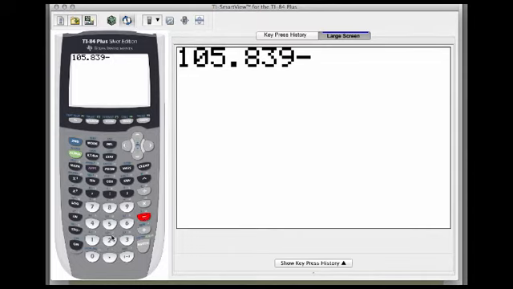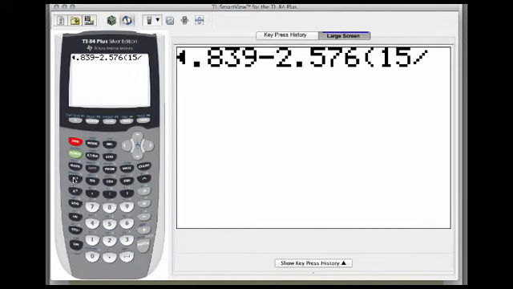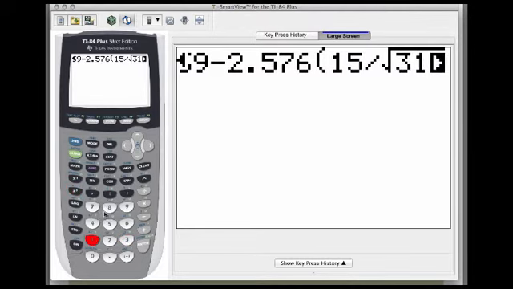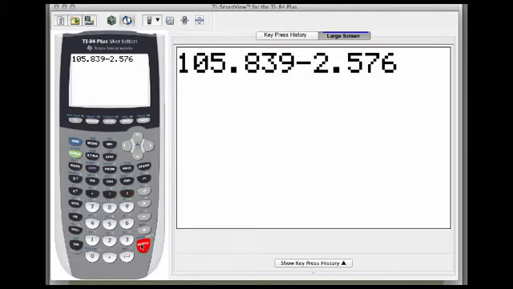All right, and this is where we need 2.576 times 15 divided by square root of 31. Make sure you come outside and hit your right arrow to come outside the square root, or else it might not put the parentheses in the right place. All right, so hit enter, and that will be your left endpoint.